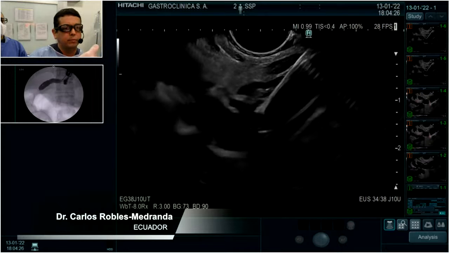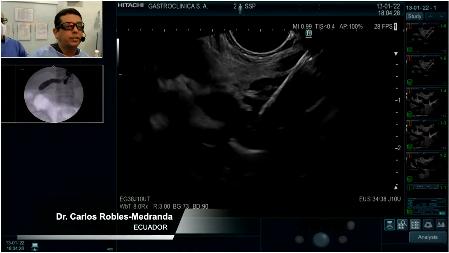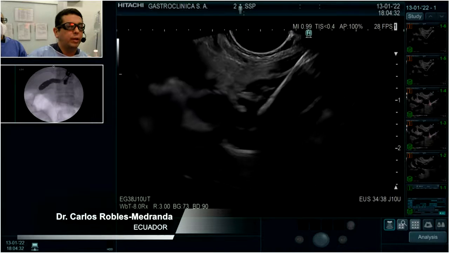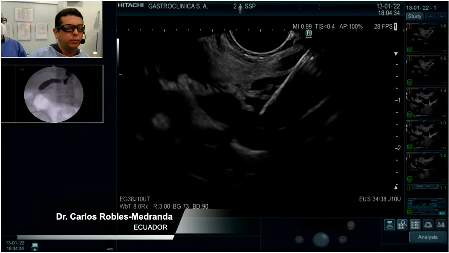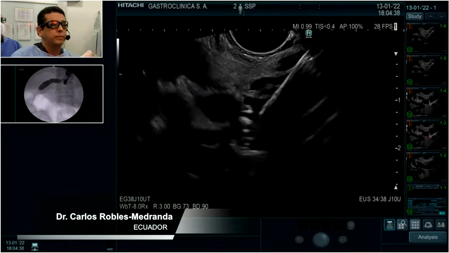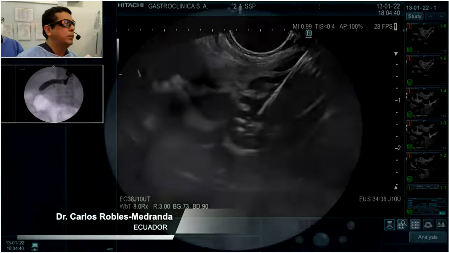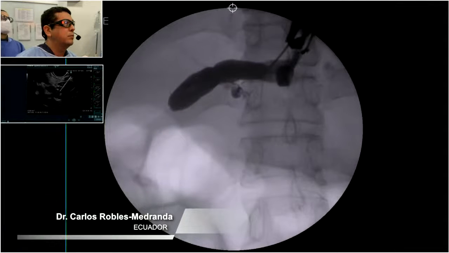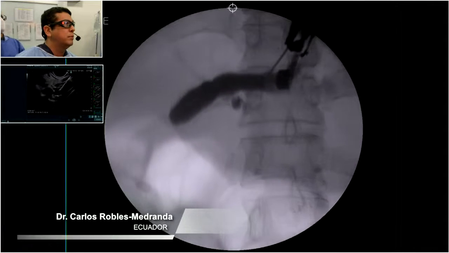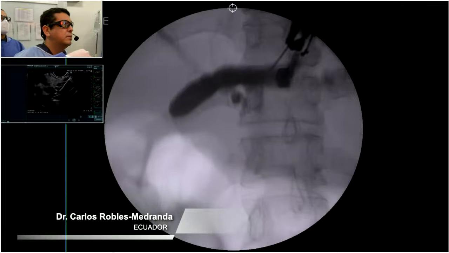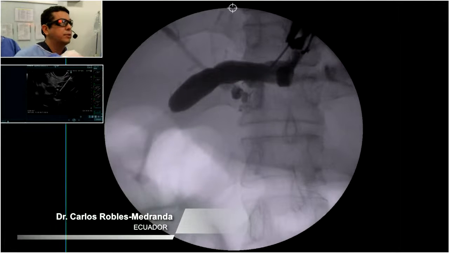Because if we see that contrast passes through the anastomosis, that will be good. Then we can do antegrade balloon dilation. So now we are doing just contrast. I don't see the pass of the contrast, huh?